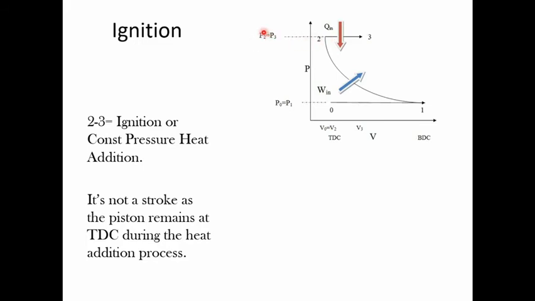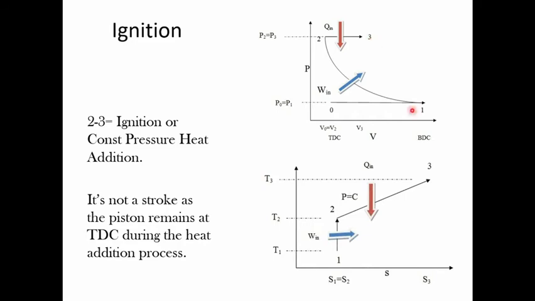That's why P2, the pressure at point 2, equals P3, the pressure at point 3. But as the heat addition takes place, the volume increases from point 2 to point 3.